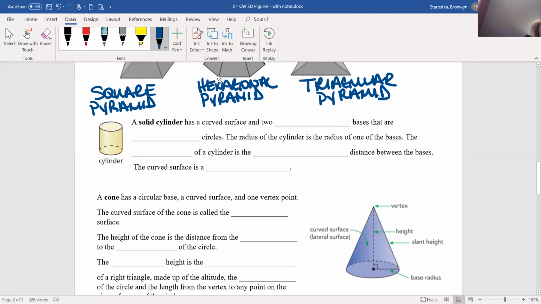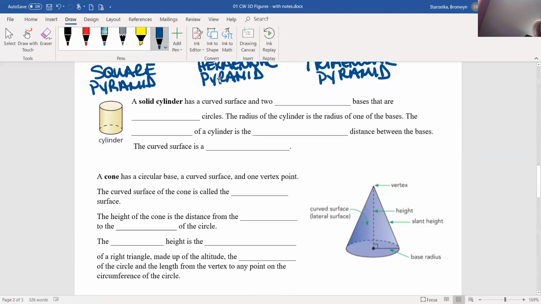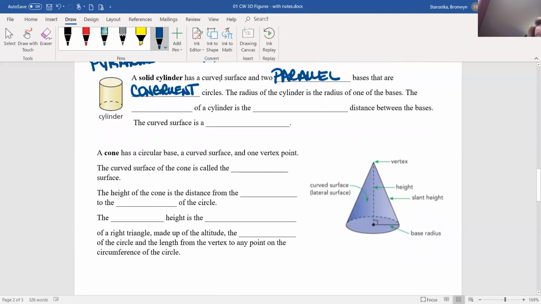Another shape that we're going to study is a cylinder, which has curved surfaces and two parallel bases that are congruent circles. The radius of the cylinder is the radius of one of the circular bases.